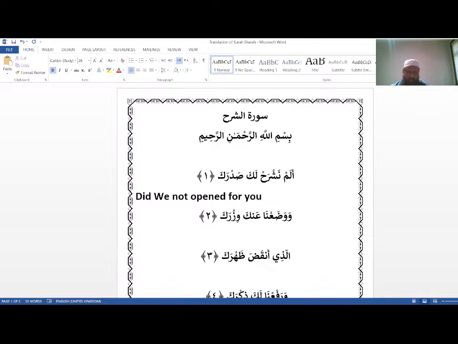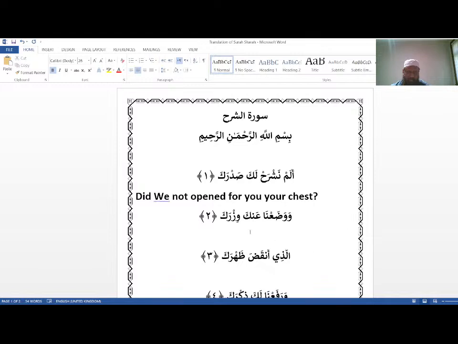And sadara will be in halatul nasab, which is the maf'ul of nashrah. Did we not open for you your chest? Alam nashrah. Did we not open? Laka, for you. Sadraka, your chest.